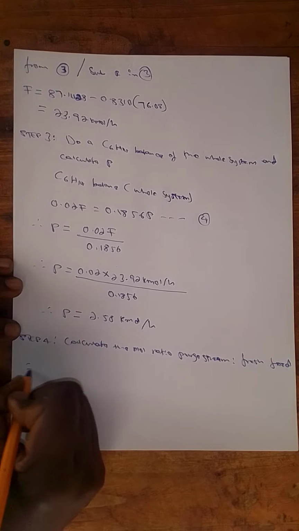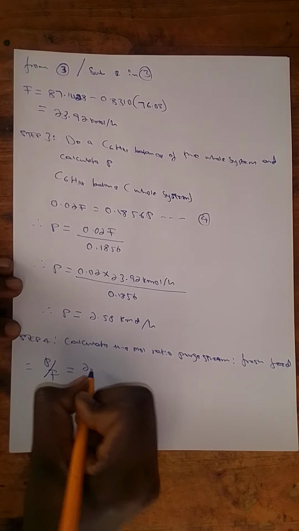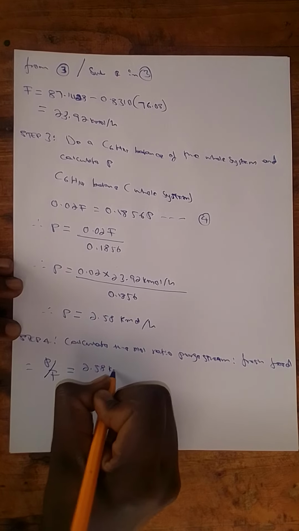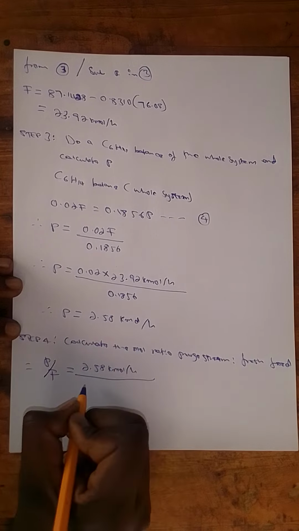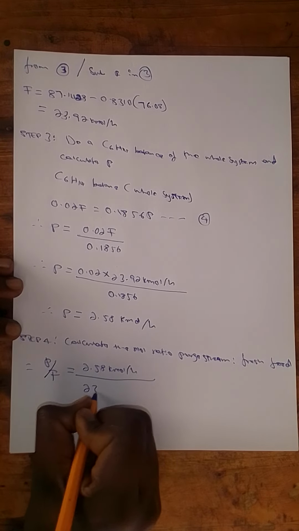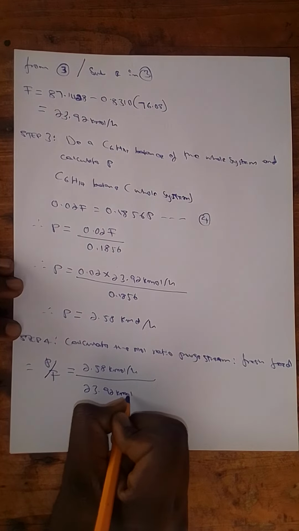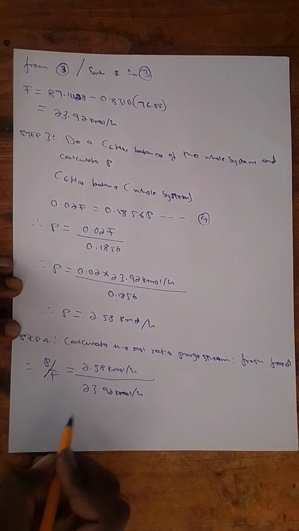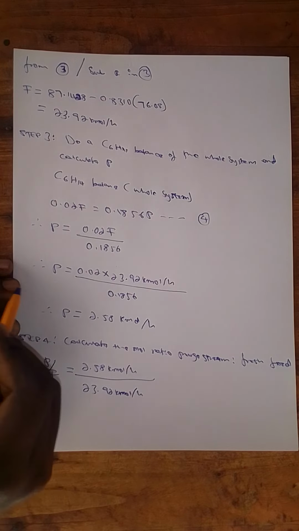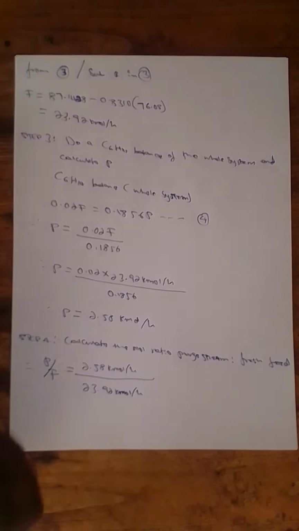Right? And therefore P over F is equals to 2.58 kilomole per hour, which is our P here, all over 23.92 kilomole per hour, which is then our F. We did calculate that.